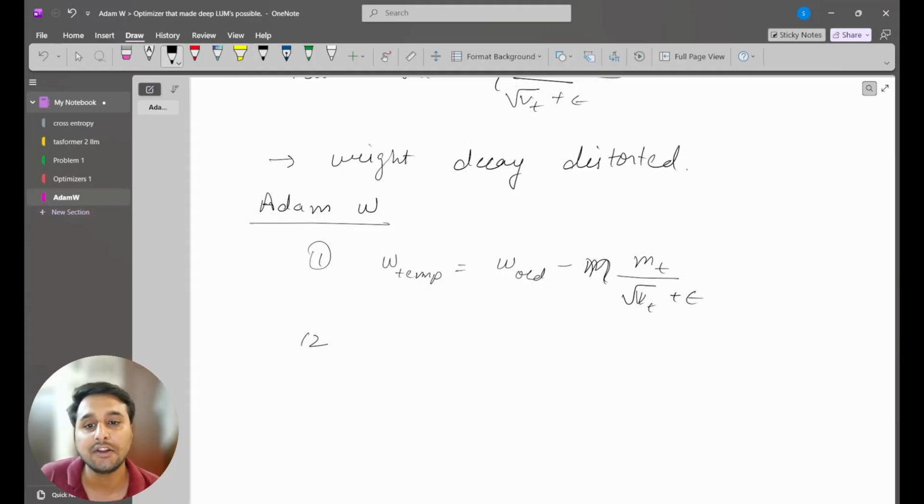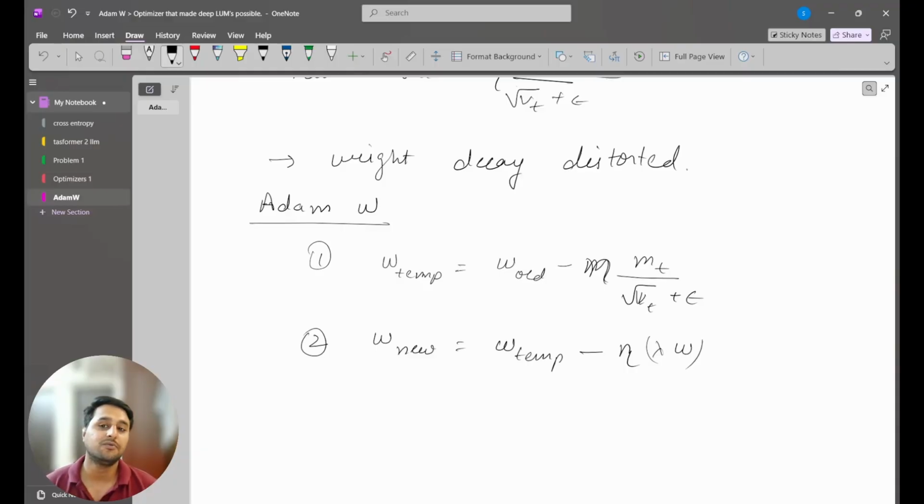So we do the normal Adam update, and after that, W new is equal to W temp minus learning rate times lambda W. These two steps are separate. The process is called decoupled weight decay because we extract the weight decay and separate both steps.